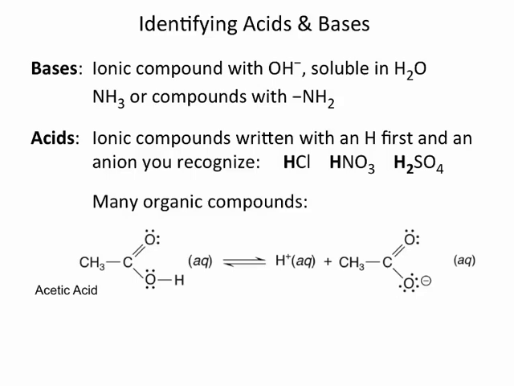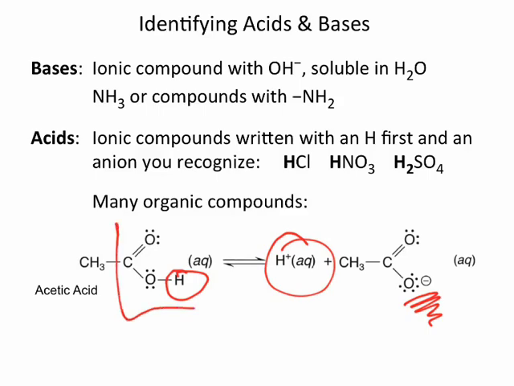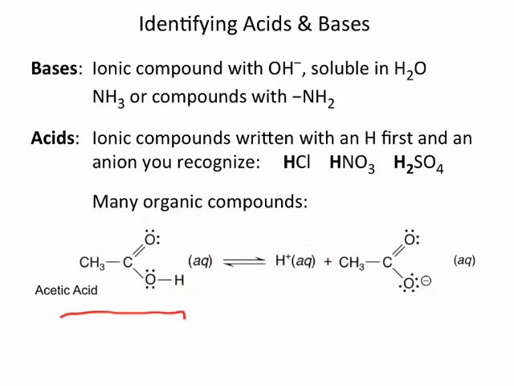The most common group you'll see is this C double bond to an O, single bond to an O that has a hydrogen on it, where that hydrogen on this oxygen down here will dissociate and come off and be the H+, and then you're left with this O- over here. So this group is called a carboxylic acid. That's the general name for it. We don't use that name in general chemistry, but we'll just call it by what the individual acid is. So this one here is acetic acid, which is the primary component of vinegar.